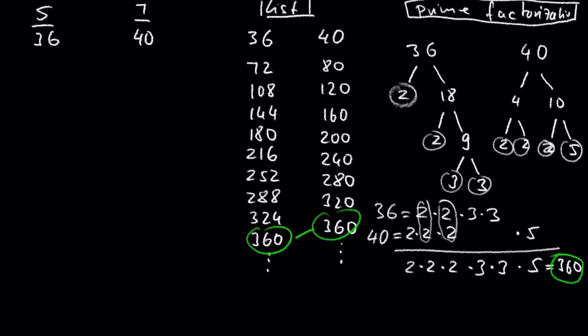Again, as in the previous example, the two fractions with the 360 in the denominator have to be equivalent to the fractions with the 36 and 40 in the denominator.